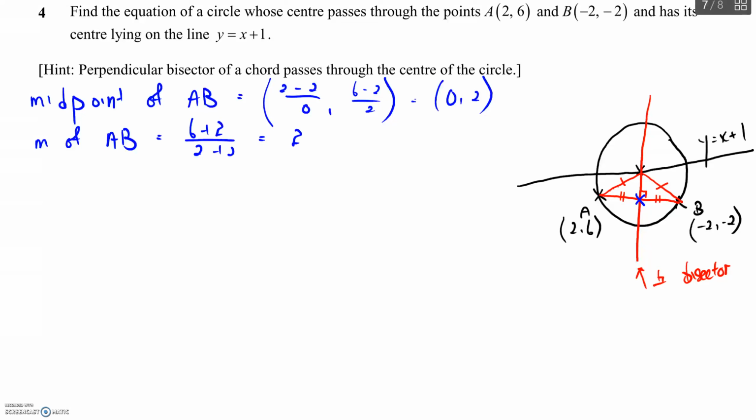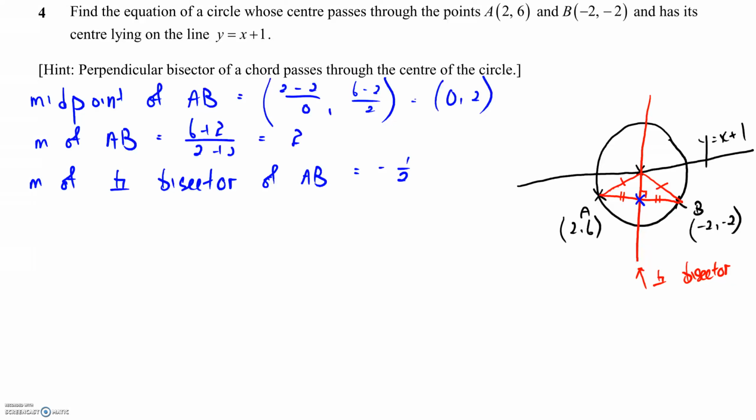Since the gradient of AB is equal to 2, it means that we are able to find the gradient of the perpendicular bisector of AB by using the negative reciprocal of the gradient of AB. And this will allow us to have negative half.